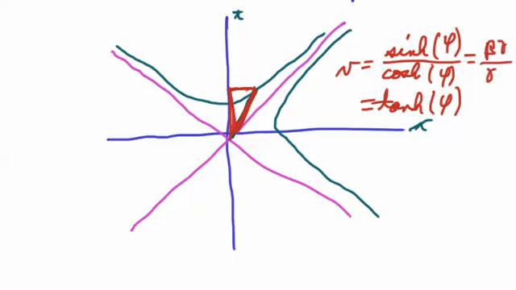The hyperbolic cosine is gamma, so this is just equal to beta.